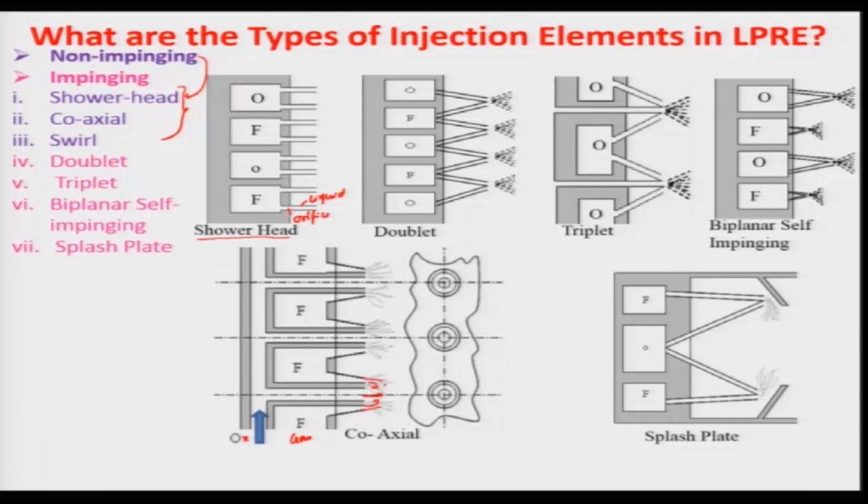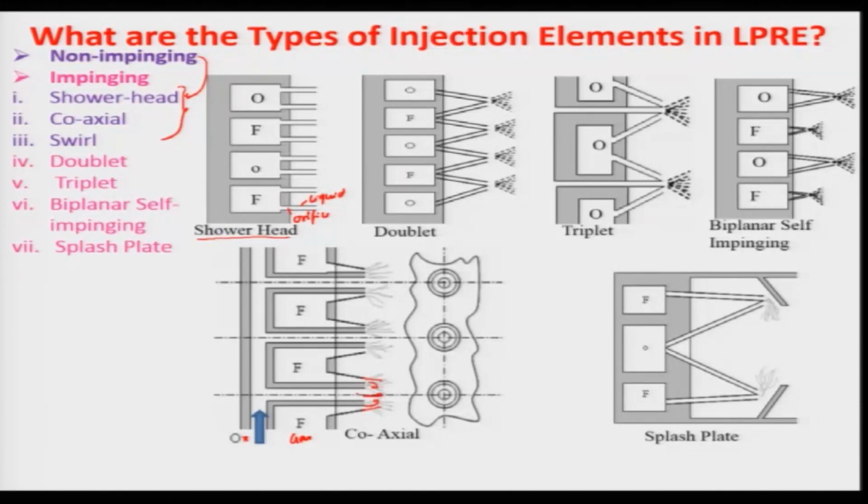As a result the mixing will be better, atomization may be better, and the length requirement for this kind of atomizer, leading to complete combustion, vaporization and atomization, is very much reduced. As a result, this is being used nowadays, particularly for cryogenic and semi cryogenic engines.